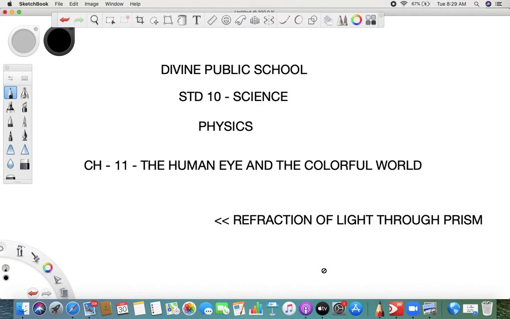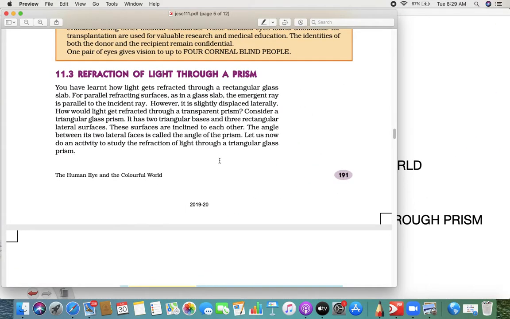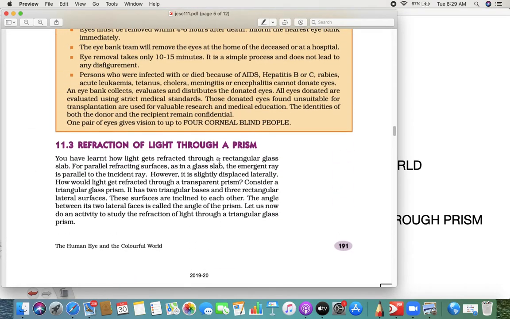So the prism looks like this. It has two triangular bases and three rectangular lateral surfaces. Understand this thing.